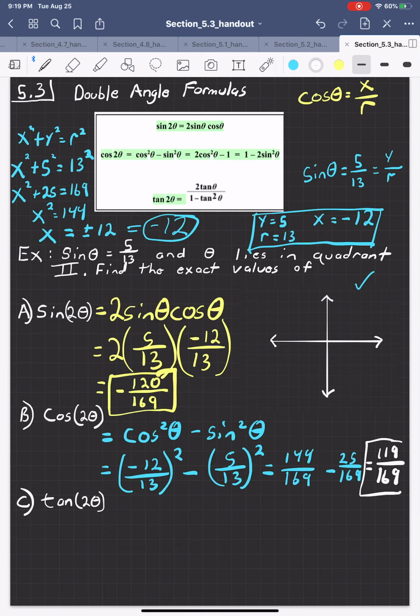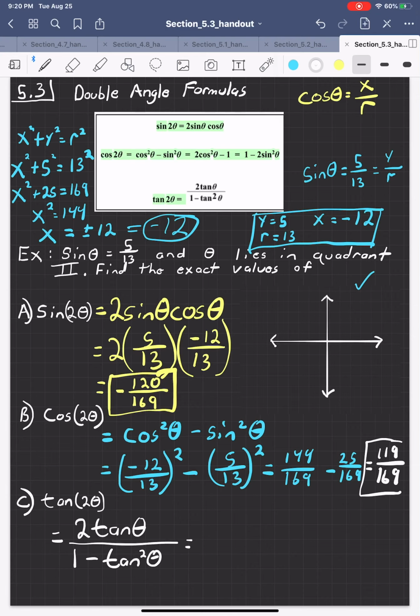All right, let's finish this up. So tan of double theta, we can go ahead and use our double angle formula. So that can be rewritten as 2 tan of theta divided by 1 minus tan squared of theta.